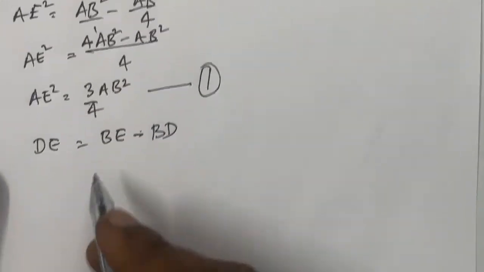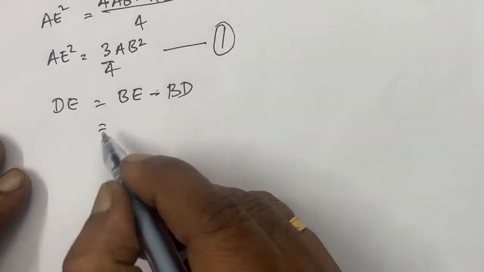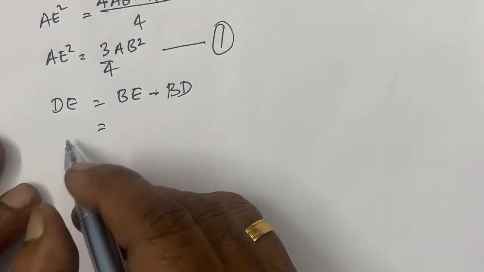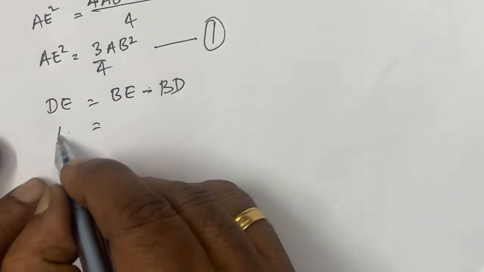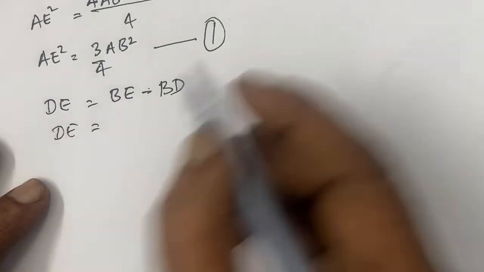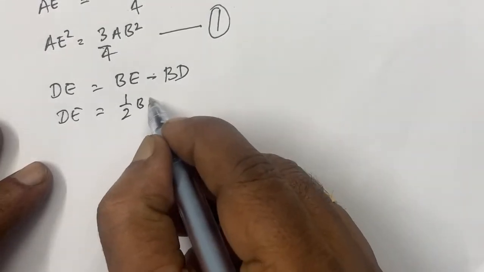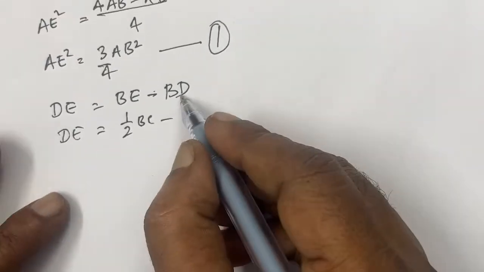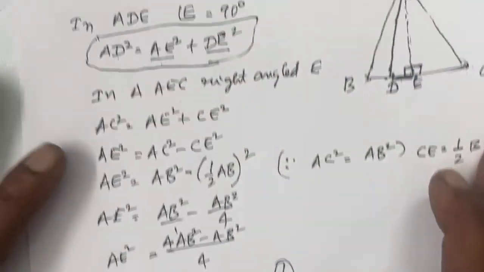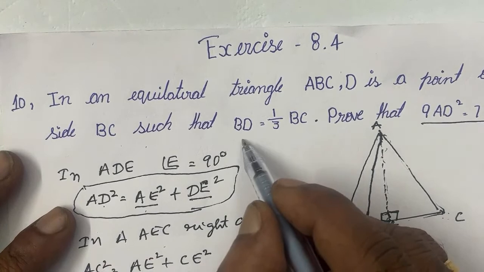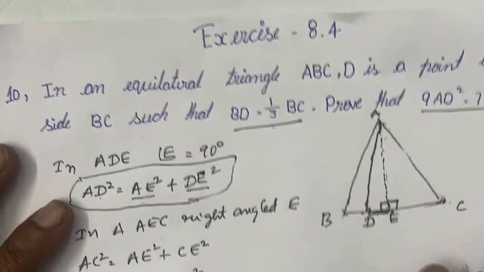So what is BE? BE is half of BC. What is BD? BD is already given in the question: BD is equal to 1 by 3 BC.